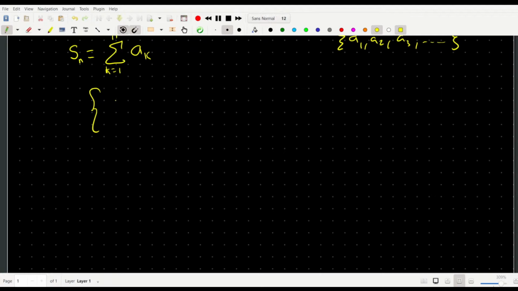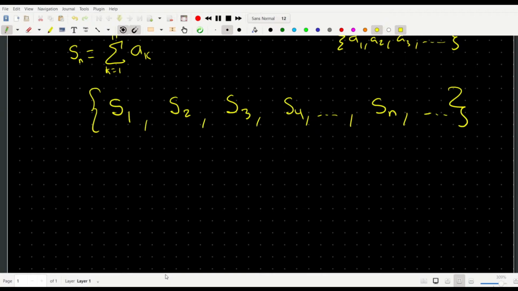So the first term in this sequence is S1. The second term is S2. The third term is S3. The fourth term is S4, and so on and so forth, all the way up to any positive integer n, and this continues onward all the way to infinity.